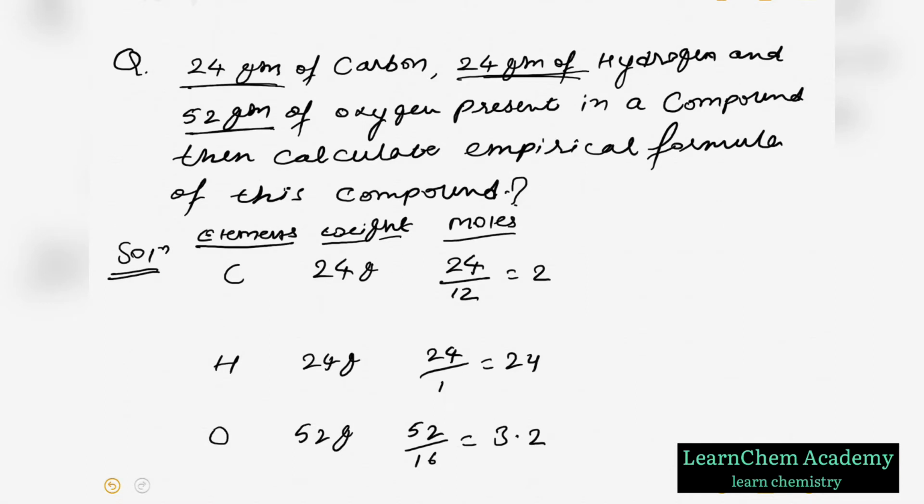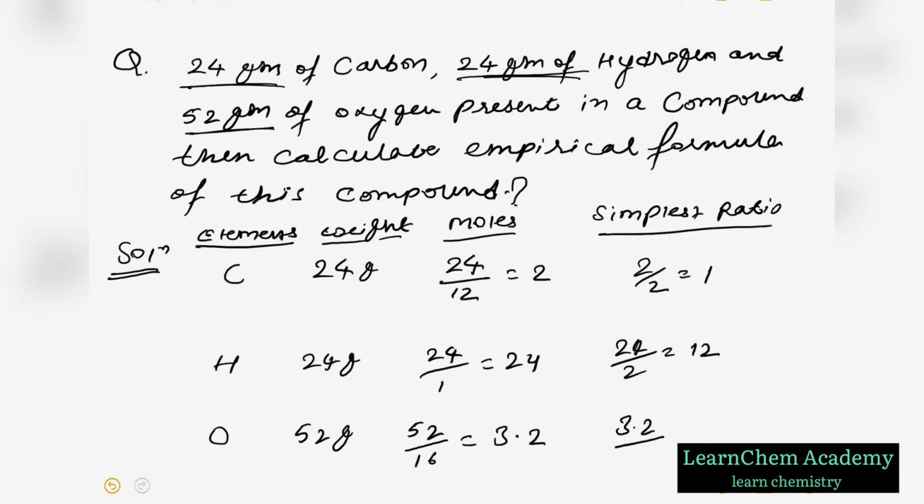So we divide these moles values by the smallest number. We have the smallest number as 2, so for the simplest ratio, 2 is divided by 2, we will get 1. 24 divided by 2, we will get 12, and here 3.2 divided by 2, so we will get 1.6.